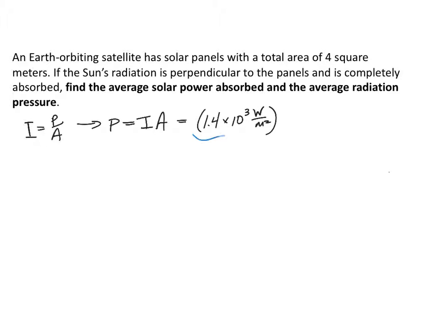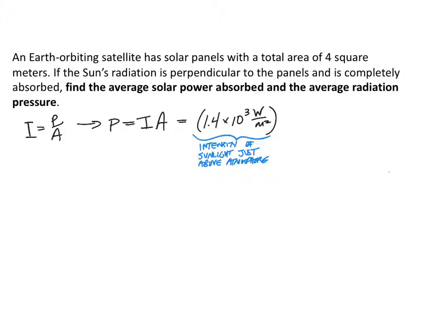So this number here is the intensity of sunlight just above the atmosphere. It's something we would look up in a table. It's a known value, right?